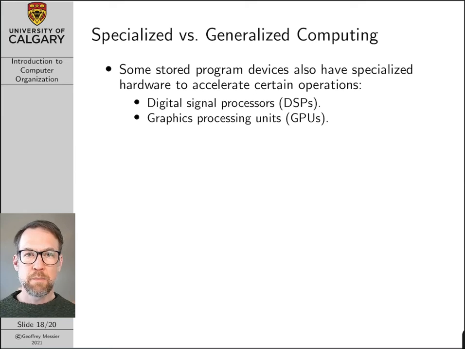There are some examples of devices that incorporate ideas from both generalized and specialized computing. A great example is the graphical processing unit, or GPU. GPUs, most people know, are the specialized high-speed chips that exist inside video cards in order to accelerate the rendering of graphics, particularly for games.